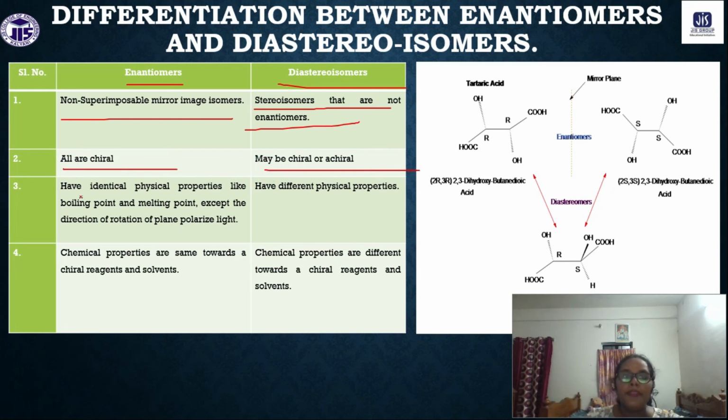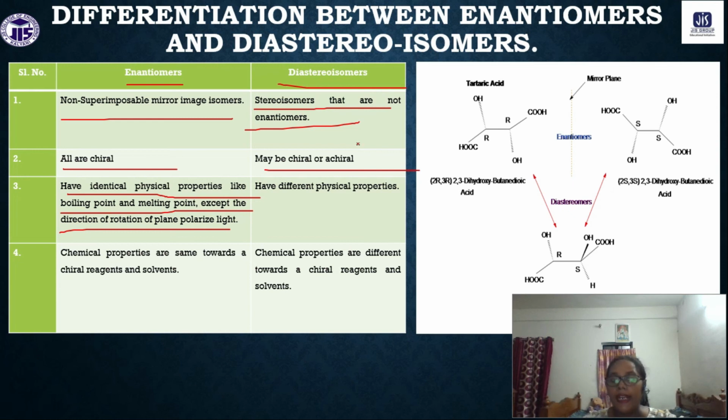Enantiomers, as I told you, have identical physical properties, boiling point, melting point, except the direction of rotation of plane polarized light. The properties are the same, but the only difference is that one enantiomer can rotate the plane polarized light clockwise and the other enantiomer can rotate it anti-clockwise. Only this is the difference.